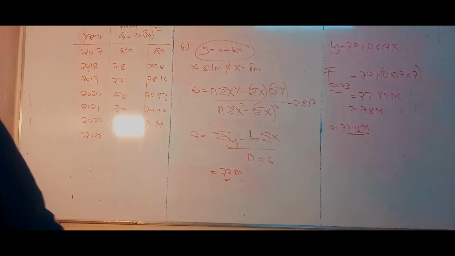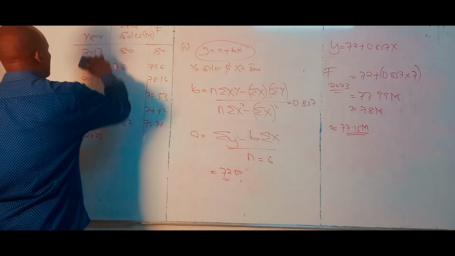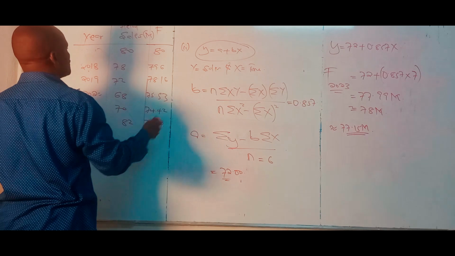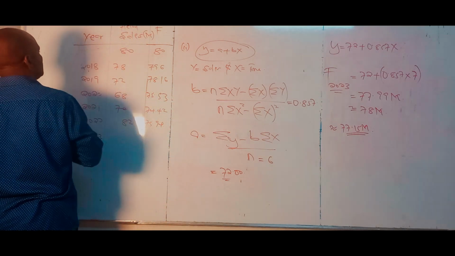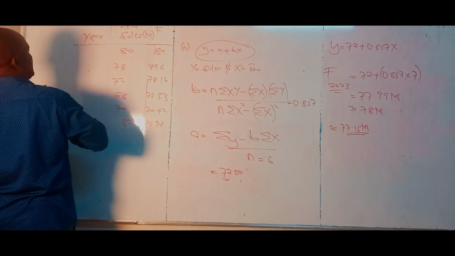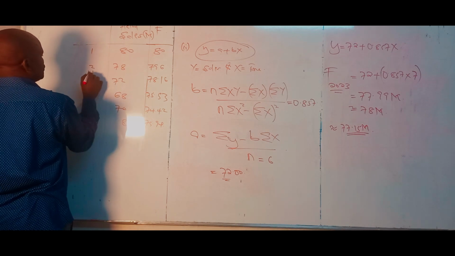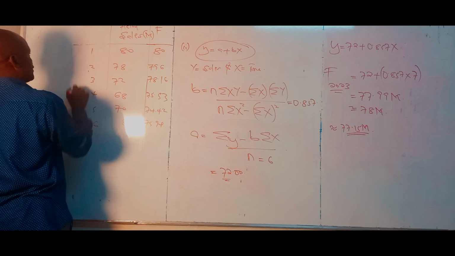So I will just change something here. Where there is 2017, for the case of using an exponential smoothing constant, here I put 1. So you start with 1 because that is the base here. So I'll be having 1, 2, 3, 4, 5, 6.